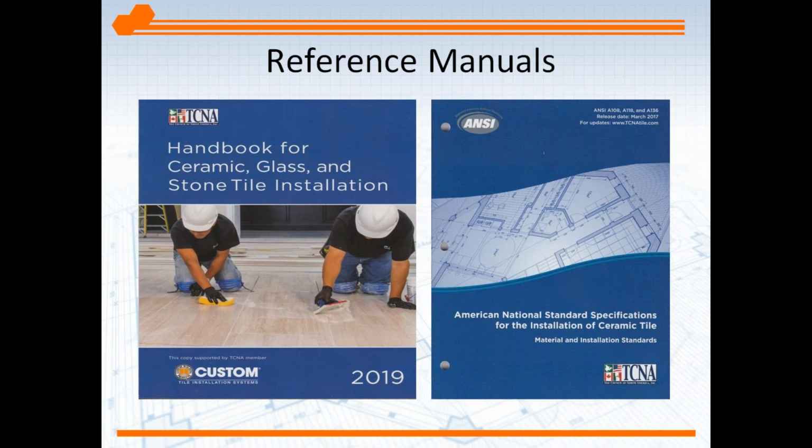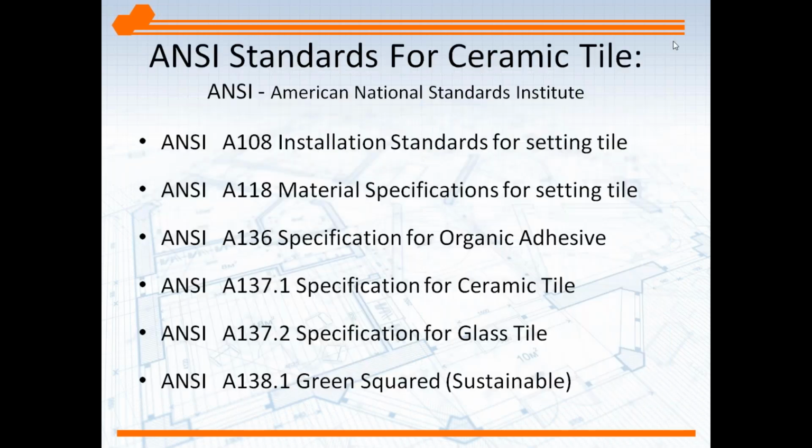If you don't have one in your office, it's an important addition if you're a tile installer or an architect designer, because of everything that's inside there as far as installation methods, specifications for the products, as well as the installation specifications. We're going to take a look at the first page here of what we see typically in ANSI.